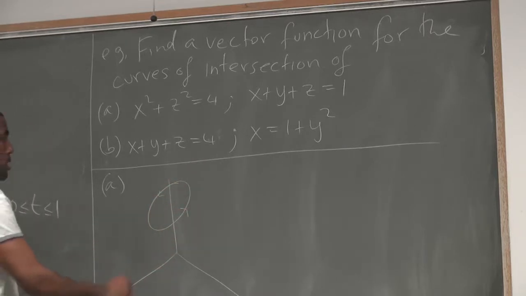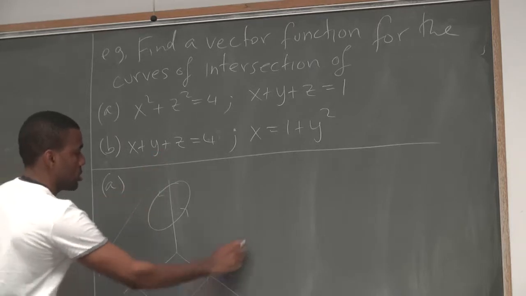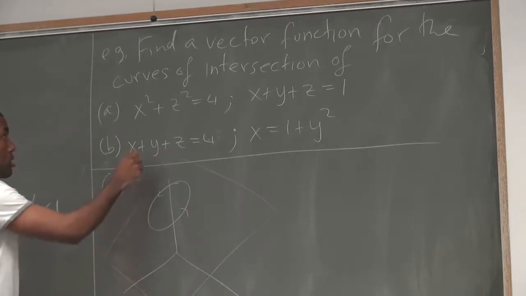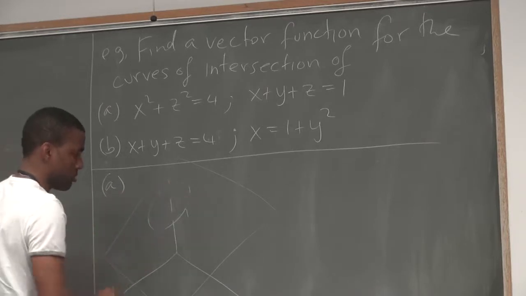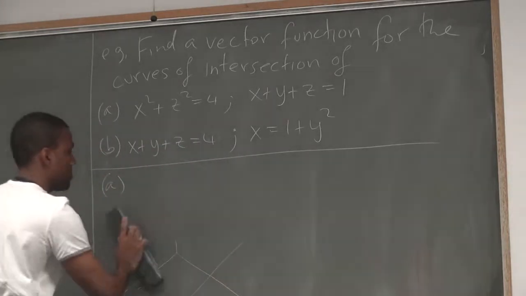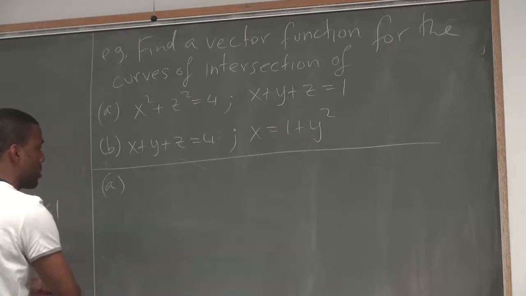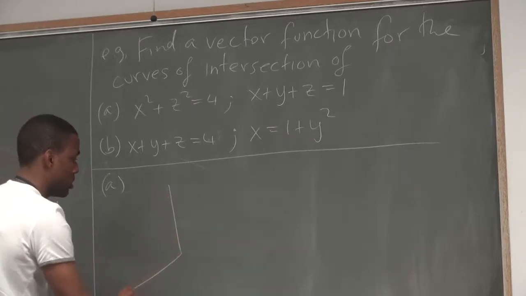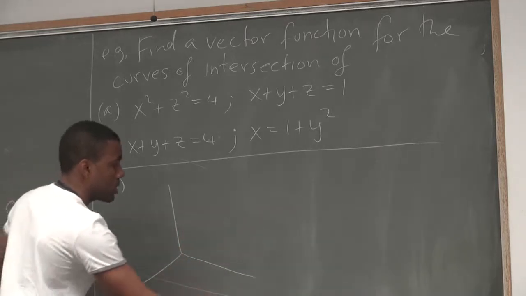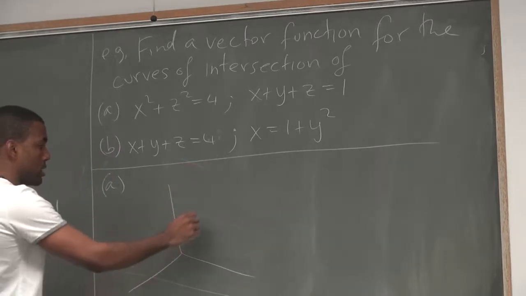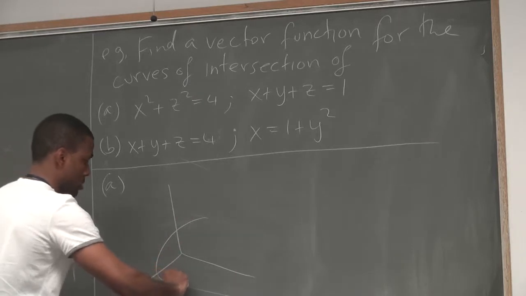Because there's going to be a plane. Well, sorry, I'm throwing it on the wrong axis. There is a cylinder that's running along the y, right? And then there's a plane that is going to cut through.